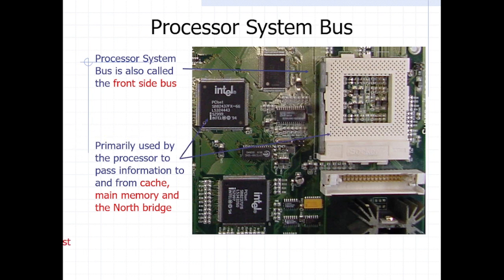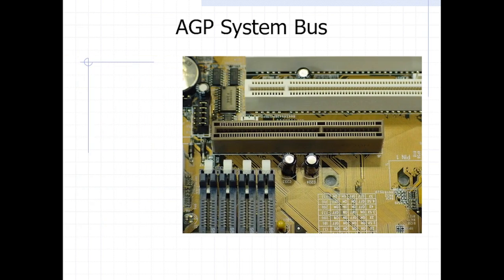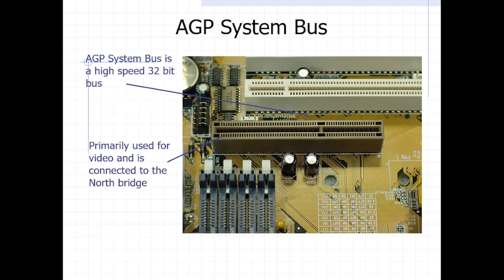As we talk about the different types of buses, remember that the processor system bus offers high speed because of the very many coordinations between the processor and the connected components. We have also talked about the AGP system bus. Normally it has a very funny color. You can see it is a brown color, right?